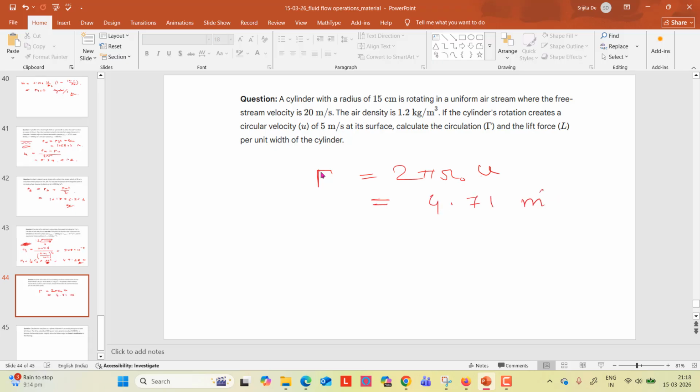So this is the circulation, and lift force L is defined as rho into free stream velocity into circulation. So it is 1.2 into 4.71 into free velocity is 20. So it is 113.04 Newton per meter. Okay.